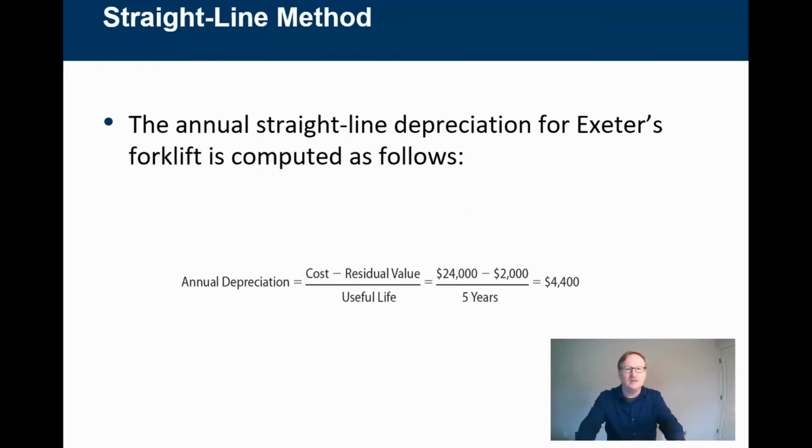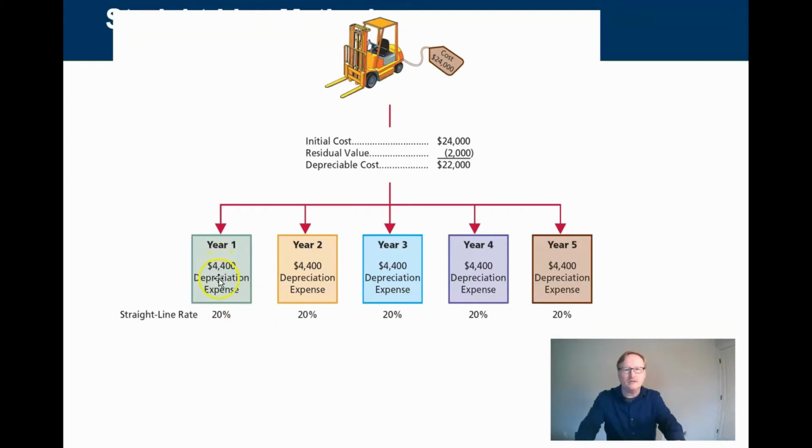Remember, the depreciation expense is our cost minus the residual value divided by the years, and that's $4,400 in our forklift example. Each year we would have $4,400 expense, and it would be straight line, meaning the same amount every year for 5 years.